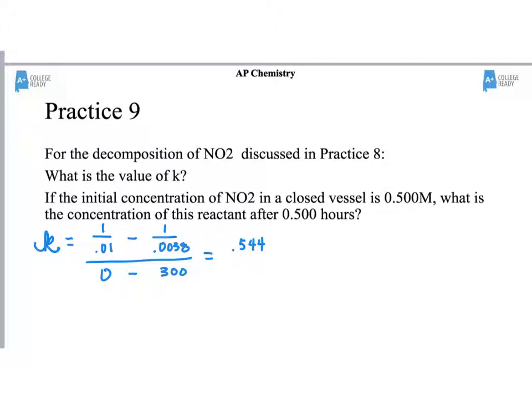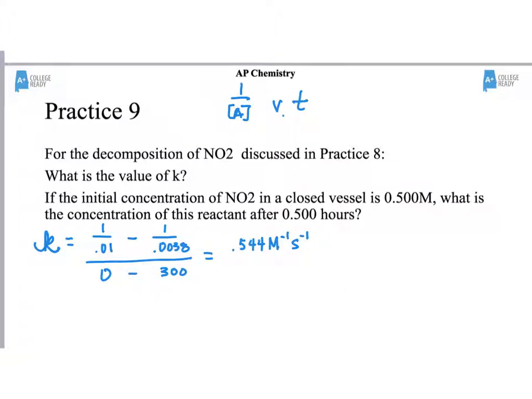Now, what are we going to do with this k? Well, we're going to use this k to plug into the equation for our line. I'm going to go ahead and put the units of our k on there. Now remember that the graph that we picked was the inverse of the concentration versus time.